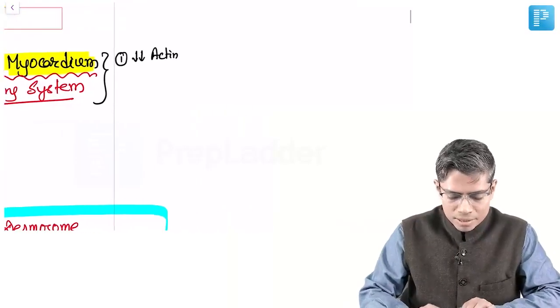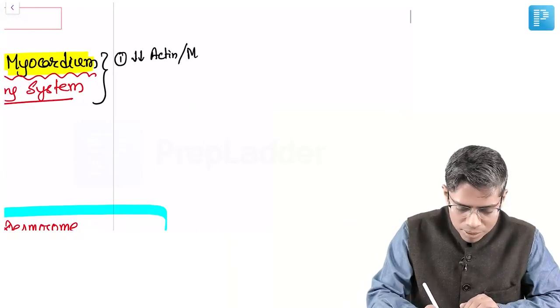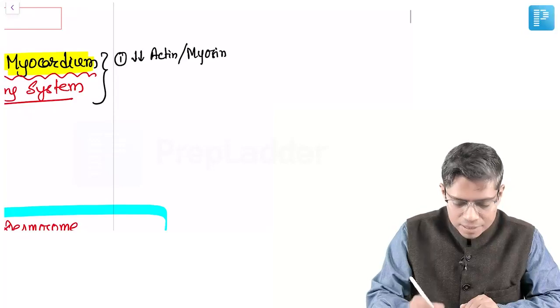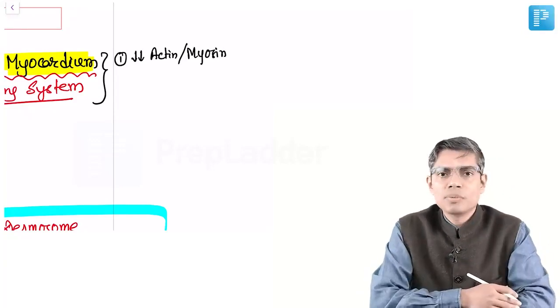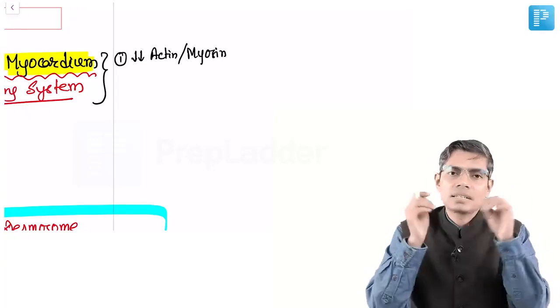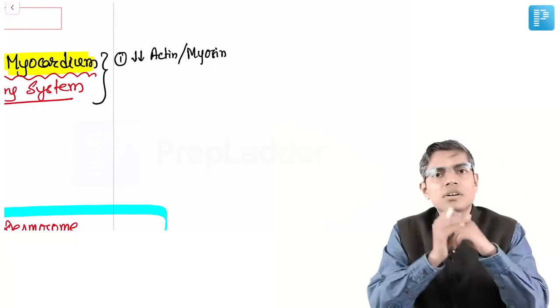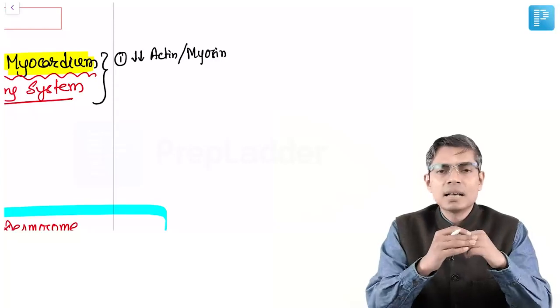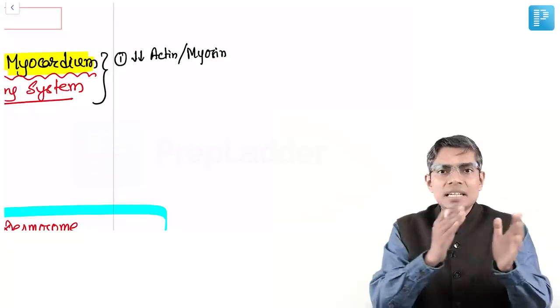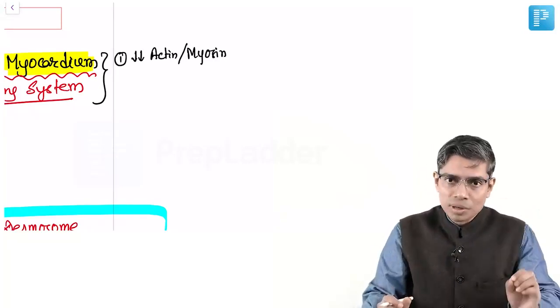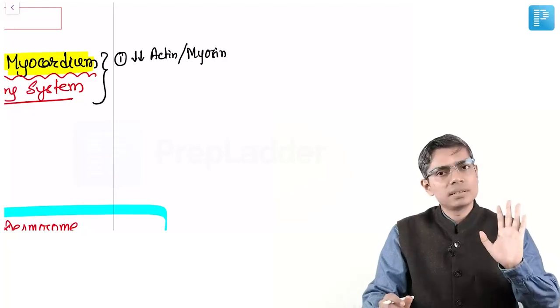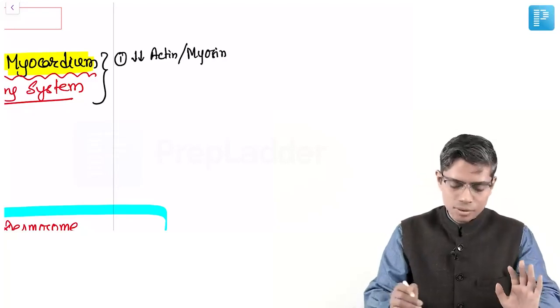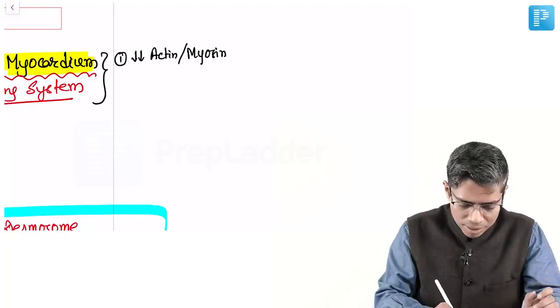Actin and myosin's amount is very less in case of modified myocardium, obviously, because they are part of the conducting system. They are not going to generate contractile force, so that's why actin and myosin amount is less, and because of which striations are also fewer in modified myocardium, right? Striations are also lesser than normal myocardium.